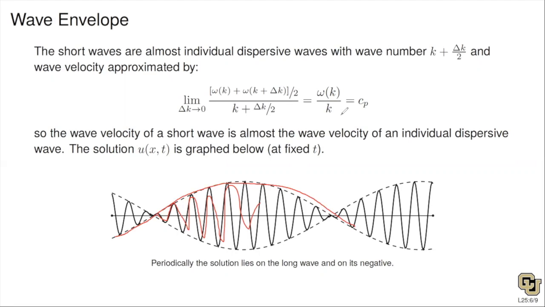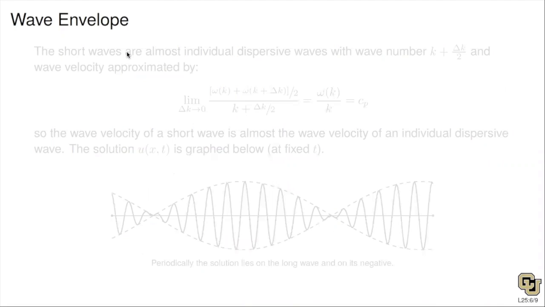It turns out the long wave seems to encompass, or envelop, or surround the wave, at least mathematically, if you look at the graph. We think of the long wave as being a shepherd that shepherds along the actual wave. And here we can analyze the velocity of the waves.